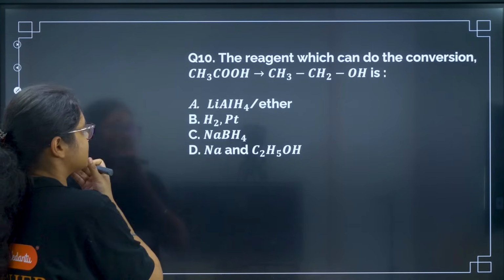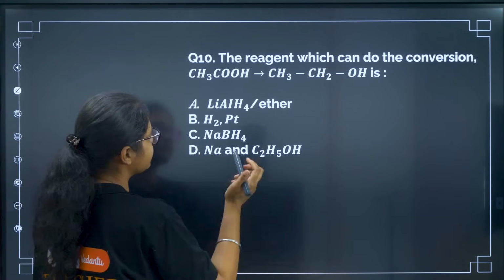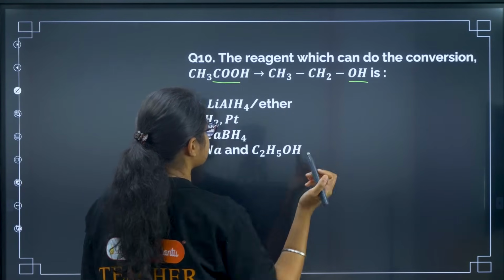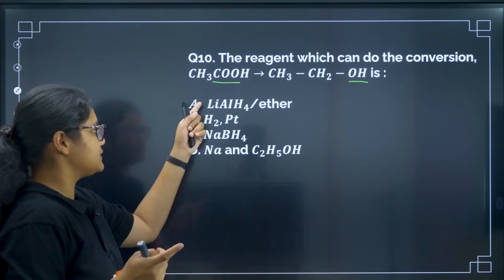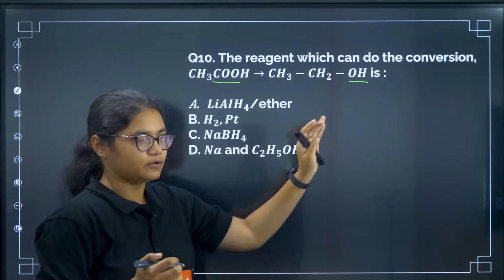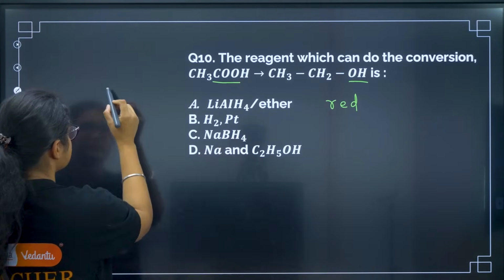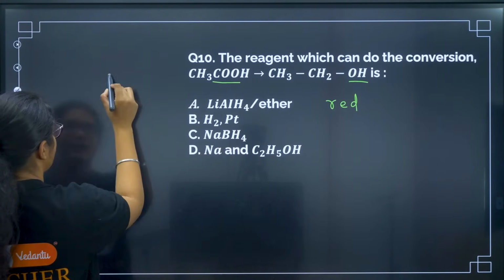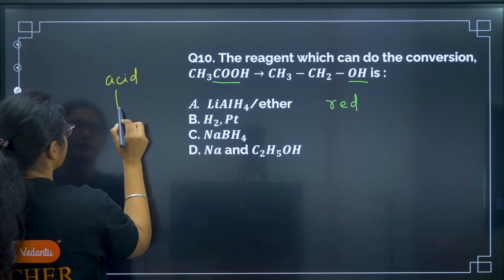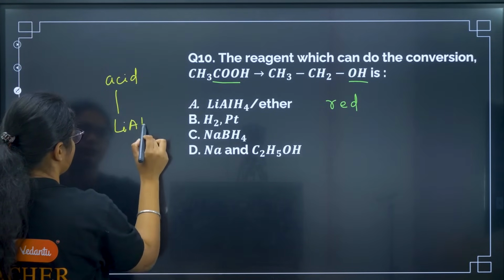So now going to the next question. Reagents which can convert this to this. So what is the conversion happening? We have an acid group and then we are getting it to alcohol. So that is reduction. Okay. And we must know that if we have an acid group, it can be reduced only by LiAlH4.